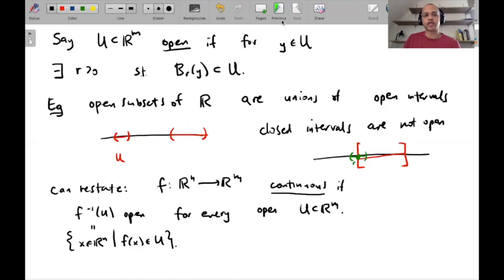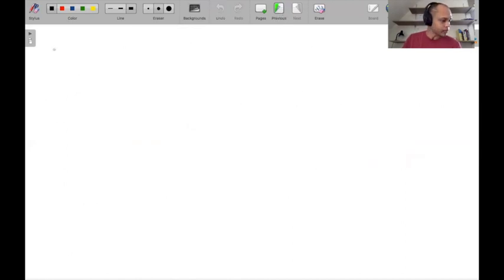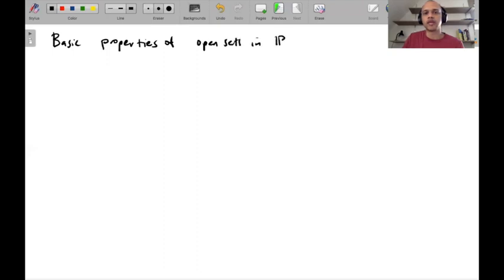So a topological space is going to be a space with a collection of open sets satisfying some properties. So the basic properties of open sets in Rn motivate the following definition.